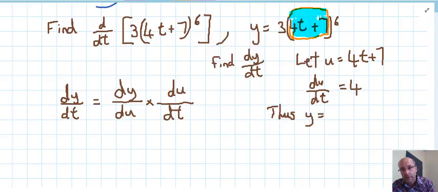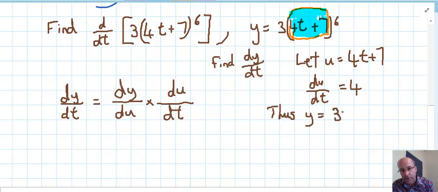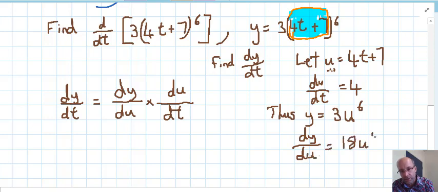So y equals 3 times, we've made the substitution above, so instead of 4t plus 7, we're writing u to the 6. So if we're writing dy du, the derivative of y with respect to u, it's 18 u to the 5.